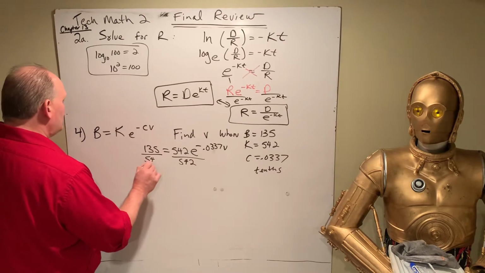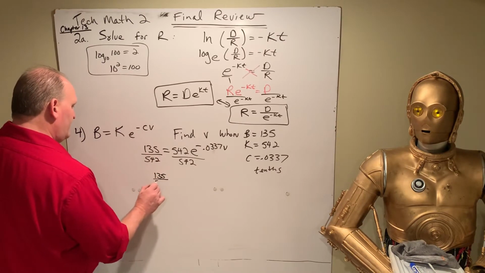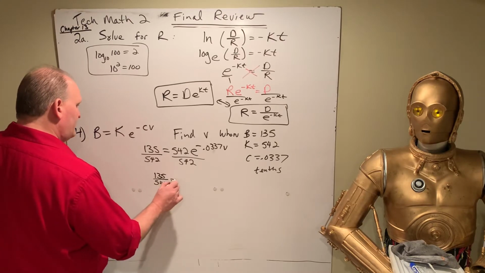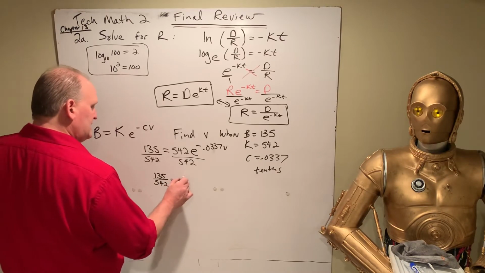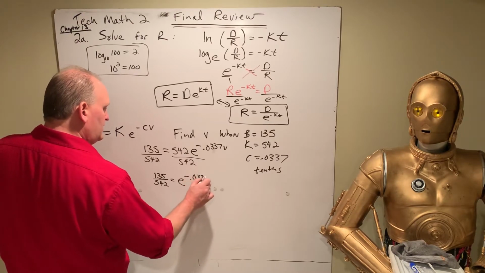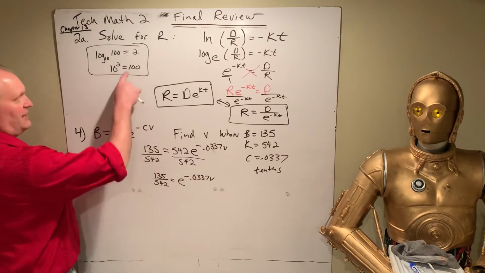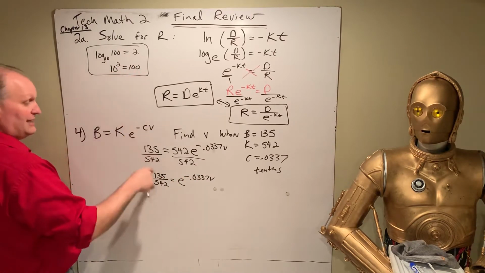Do yourself a favor. Don't divide that out until the end. Let's leave it a fraction. 135 over 542. We will divide it eventually, but just not yet. 0.0337 V. So now look, we have e to this power is equal to that thing. We can do this again. We can get it into a log.